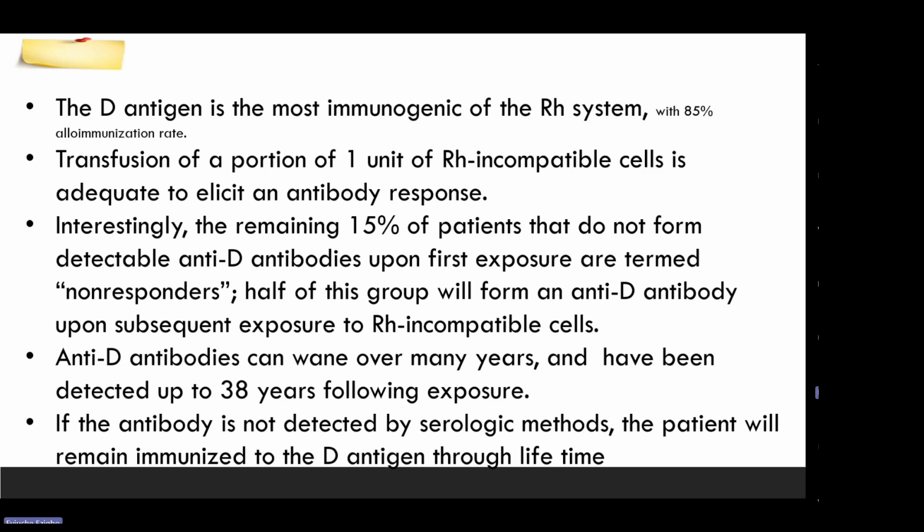Although they mounted an immune response, it was not strong enough to elicit a response at the first exposure, so at subsequent exposure they will develop immune reactions. This population is termed non-responders because they did not respond at the initial exposure to the antigen.